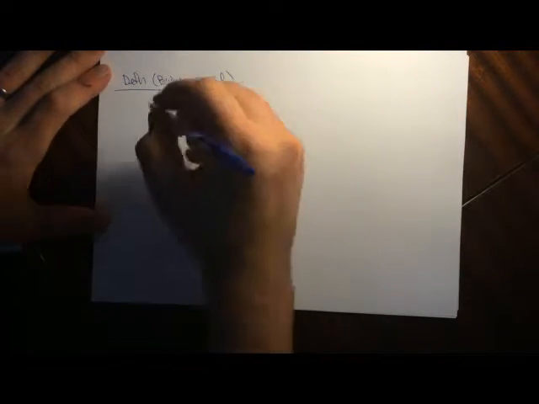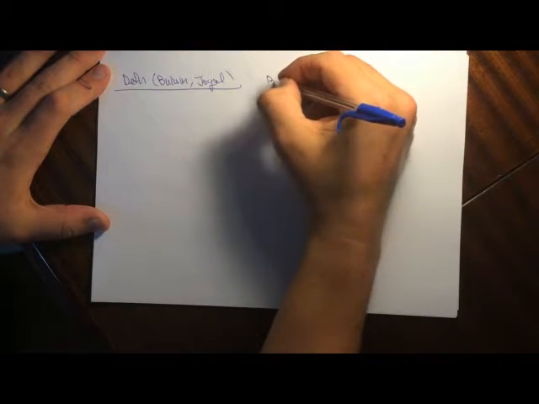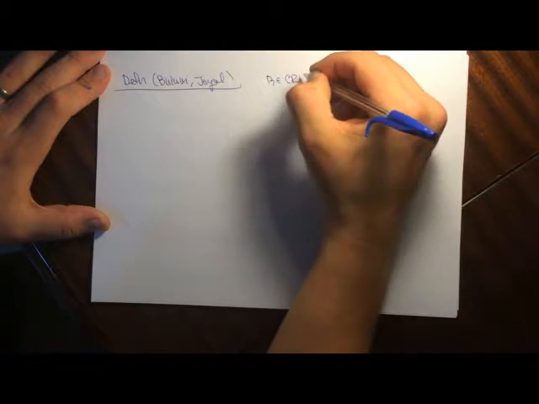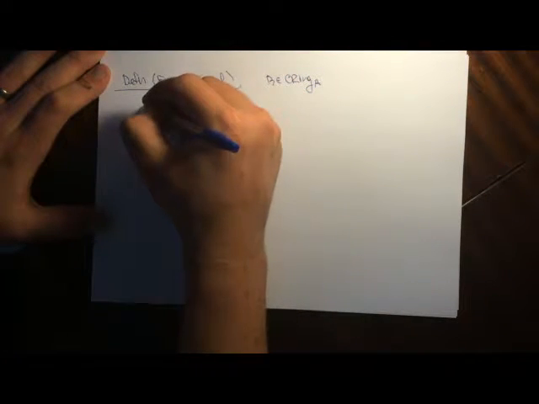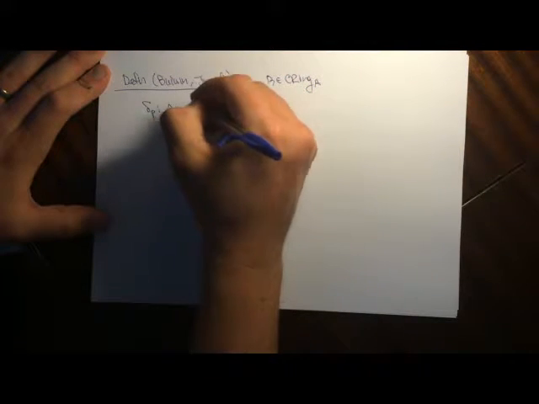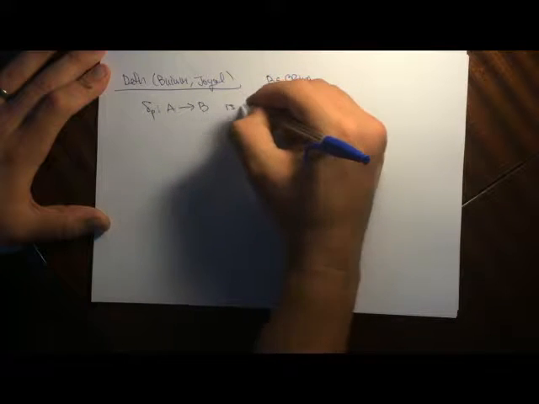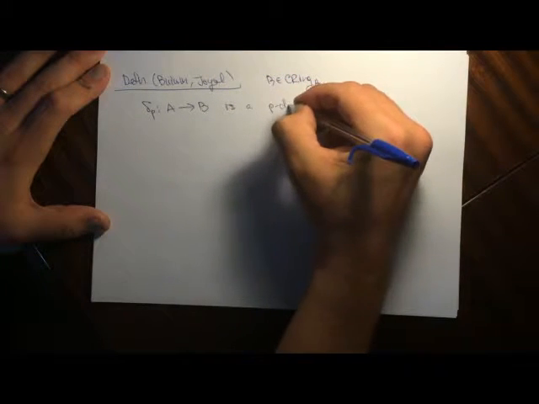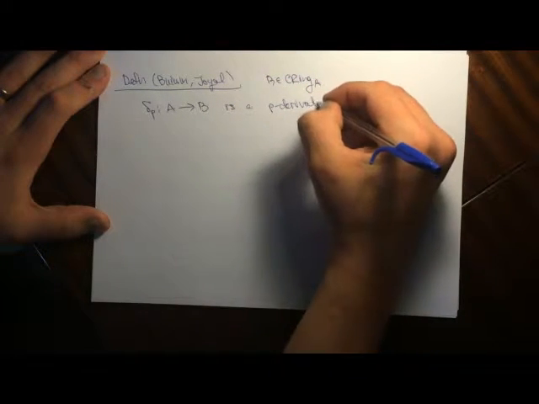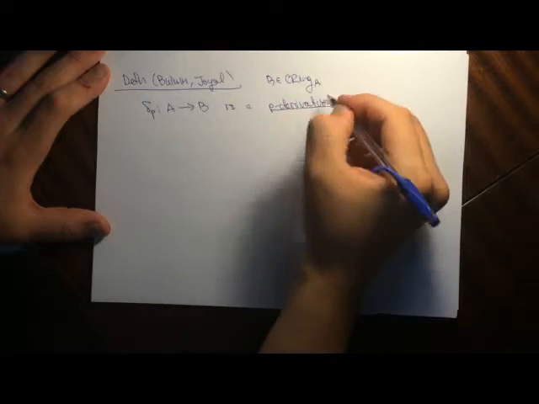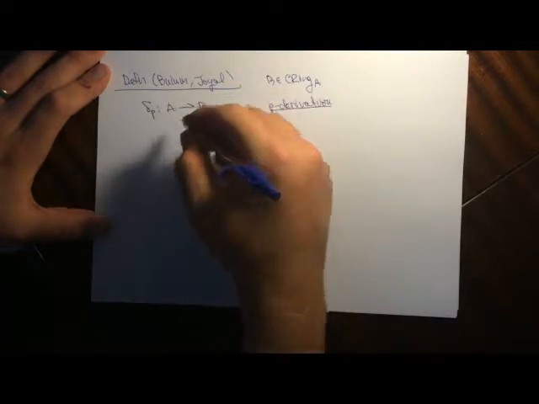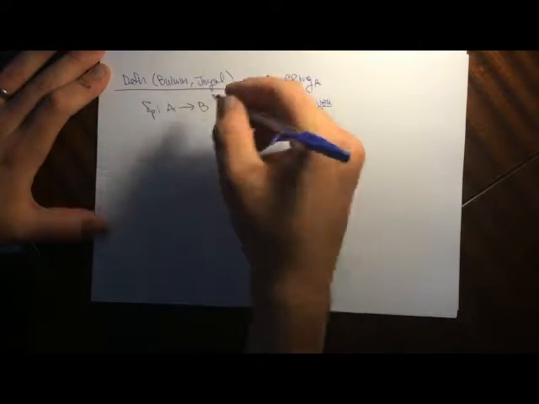So a p-derivation. Let B be an A-algebra, and a map from A to B is a p-derivation. So this is a map of sets. First of all, it's a map of sets.